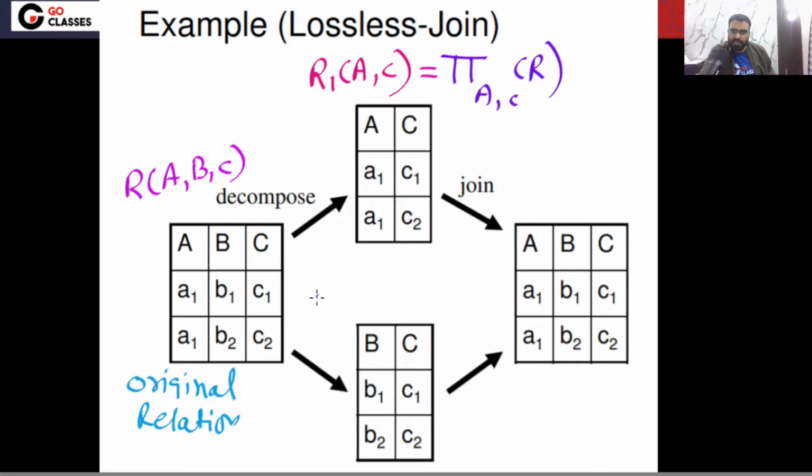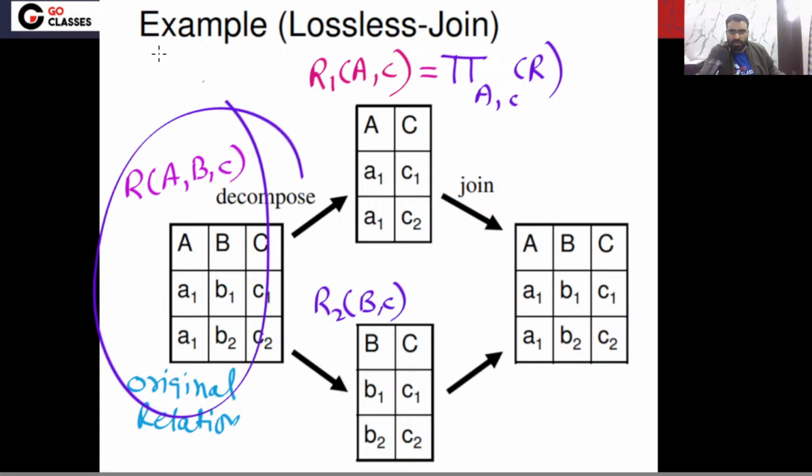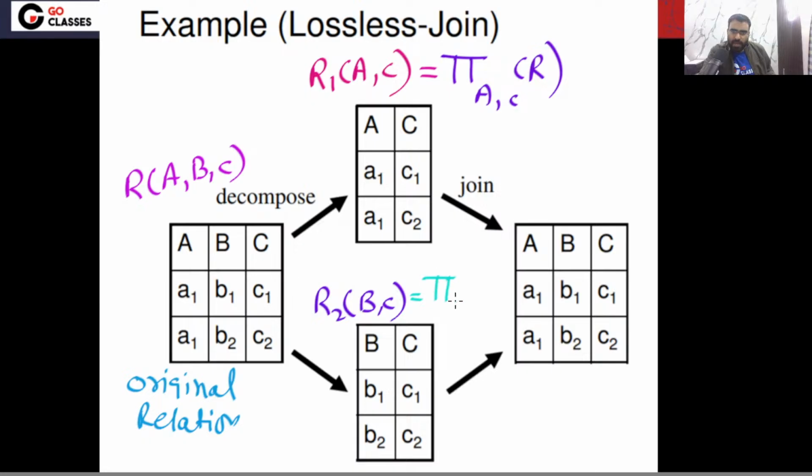And similarly here, this is the relation R2, where we are taking the attributes BC from the relation R. So I can write it as pi B comma C of R, where pi means project.